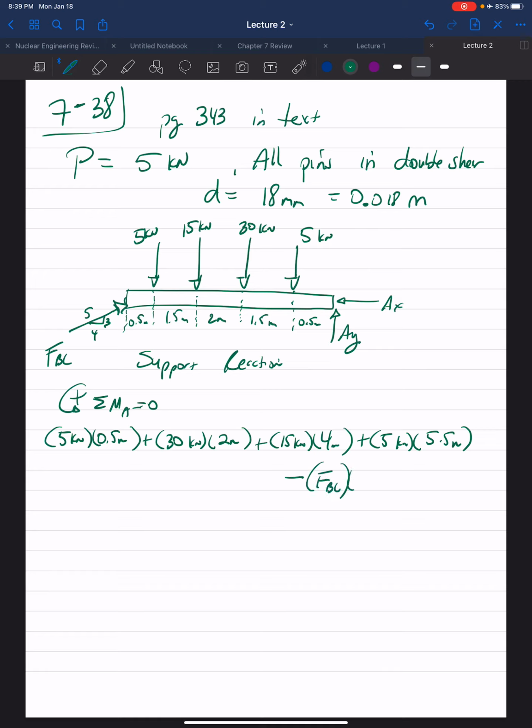We want the vertical component so we can get a perpendicular distance. So that's the 3/5 ratio times the perpendicular distance of 6 meters. Solve for FBC. You get 41.7 kilonewtons.